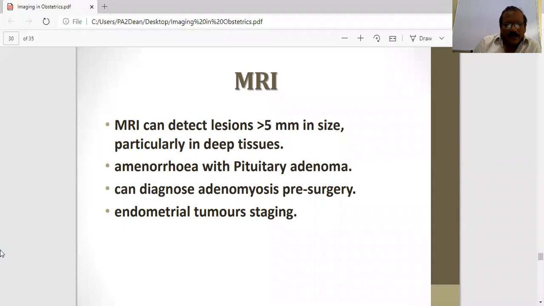MRI can detect lesions more than 5 millimeters in size, particularly in deep tissues. Amenorrhea with pituitary adenoma can be diagnosed, endomyosis pre-surgery, and endometrial tumors staging can be done.